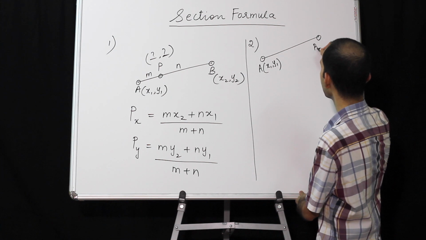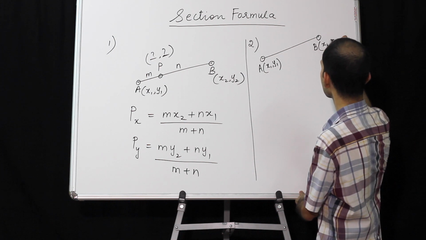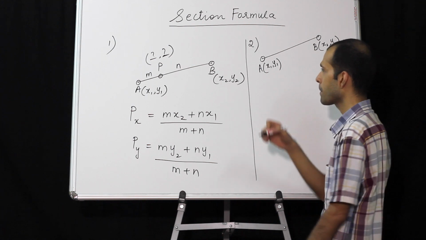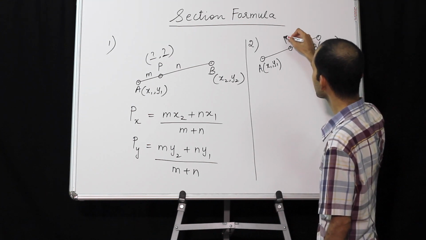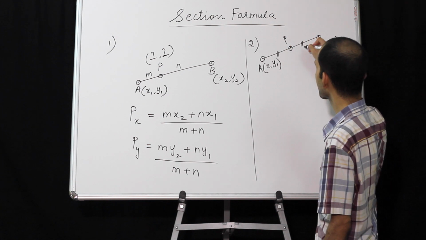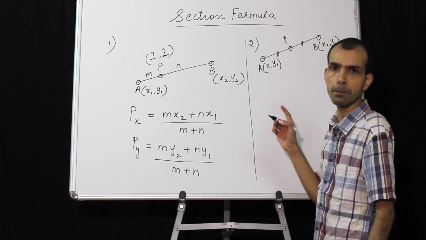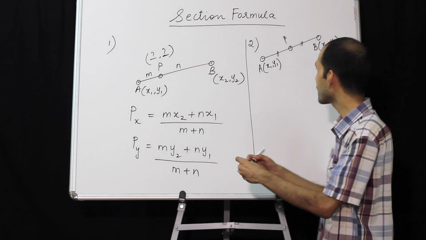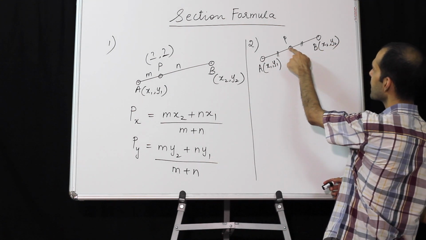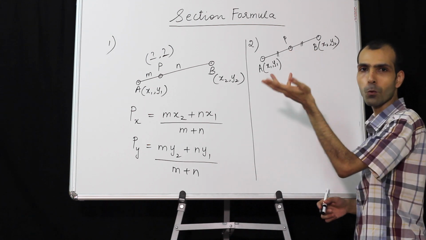Let this be, say, B, x2, y2. Now P is our midpoint here. So if I just try to show you the connection quickly, what would be the ratio AP is to PB? 1:1.